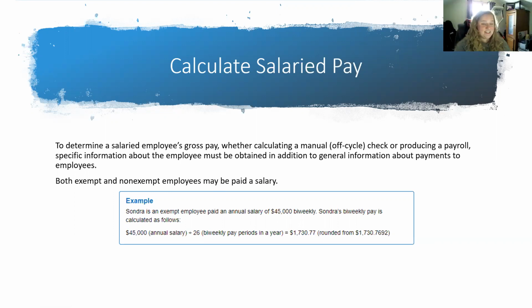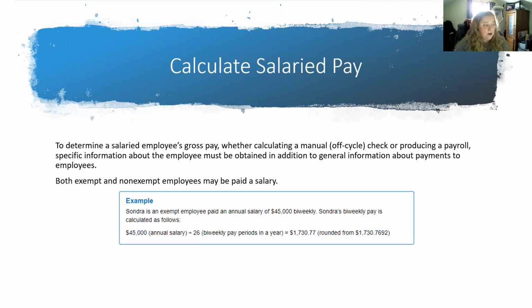Well, if it is agreed upon that their annual salary is $45,000 a year, then you would actually have to divide their salary by 27 pay periods that particular year to get their biweekly salary. And then the next year, when it goes back to 26, you would have to again recalculate and fix it back.